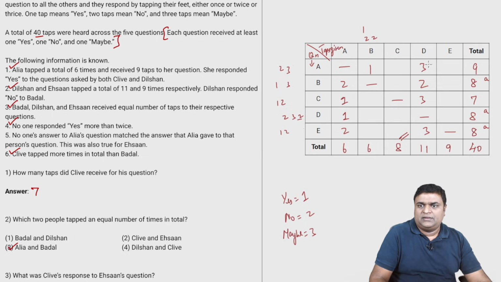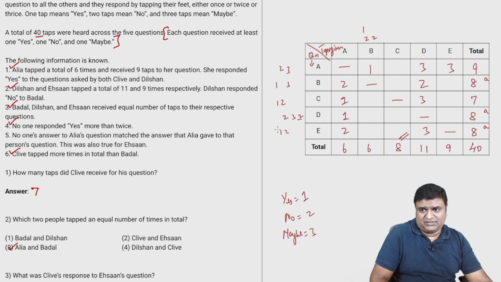Now if A to D is a 3, then a D to A over here seems fine. Now we have 1 and 2 left. If E to A, if this is 2, I can't have a 2 over here. If I can't put a 2 there, I can only put a 3, right?